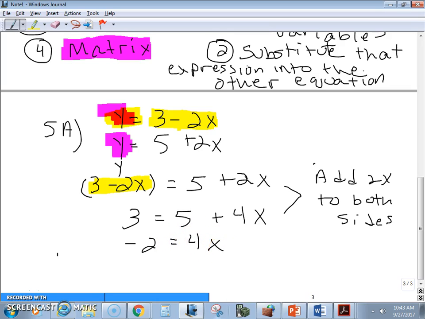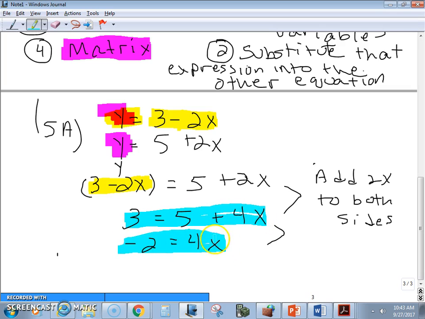To get from 3 equals 5 plus 4x to negative 2 equals 4x, what did I do? Yes, I subtracted 5 from both sides.